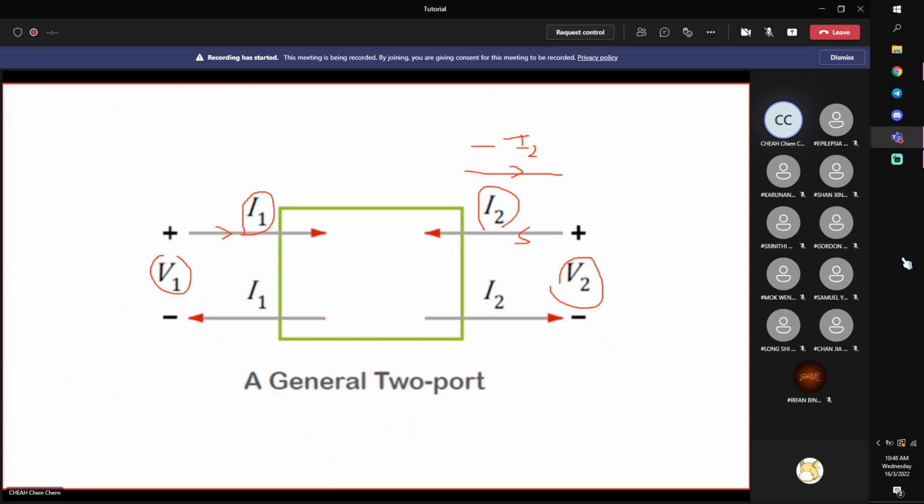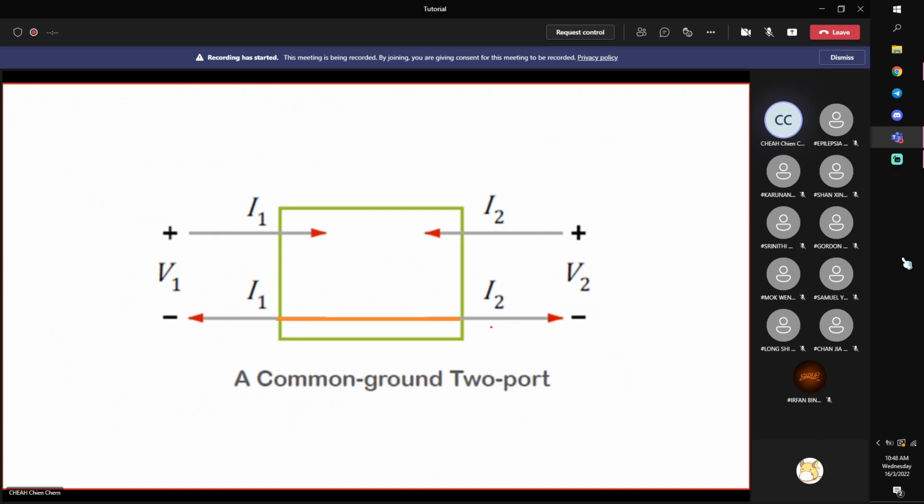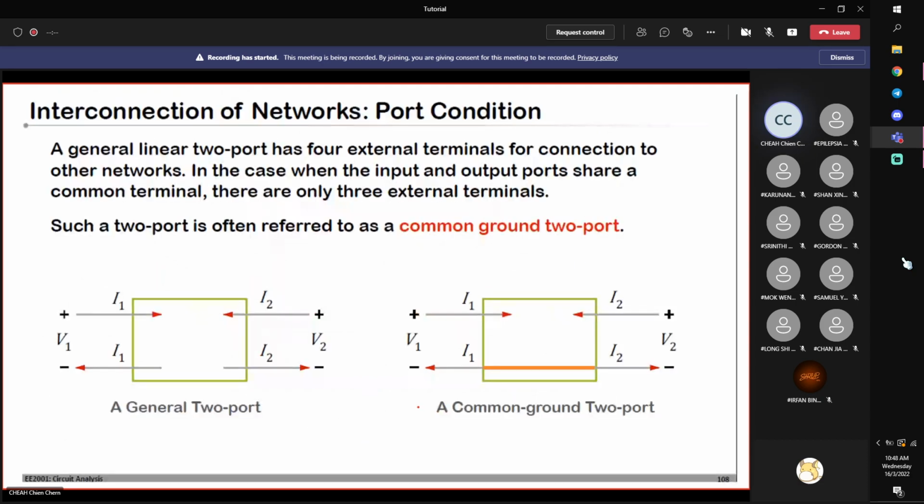It's by simply shorting this terminal. That means port 1 and port 2 are connected together, and this is usually connected to ground. So we call it a common ground two-port network.